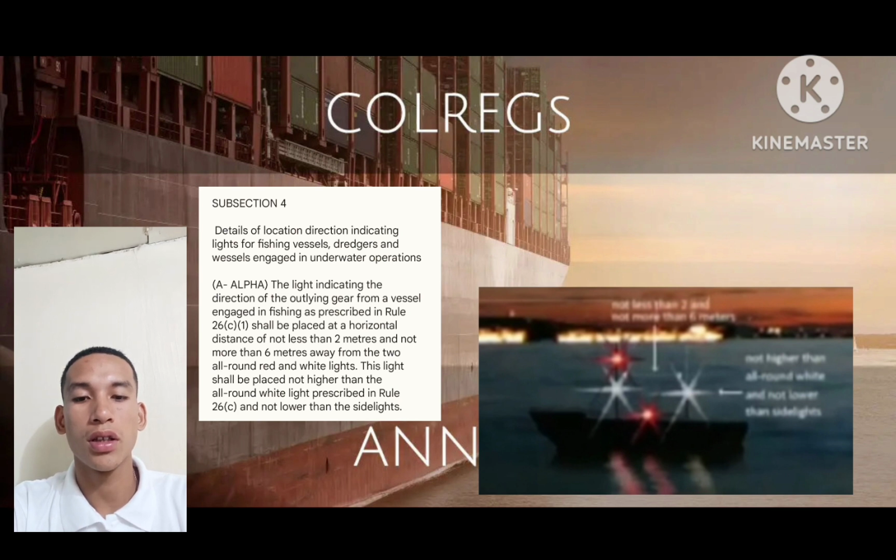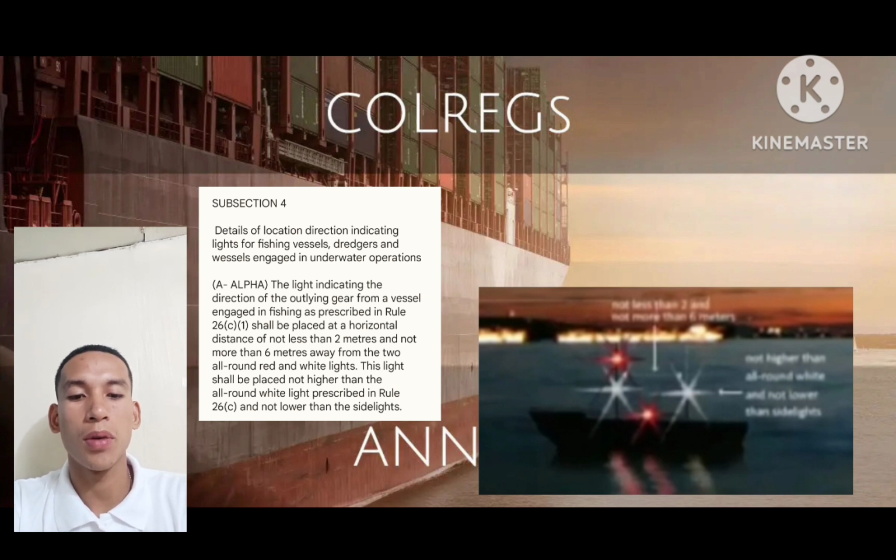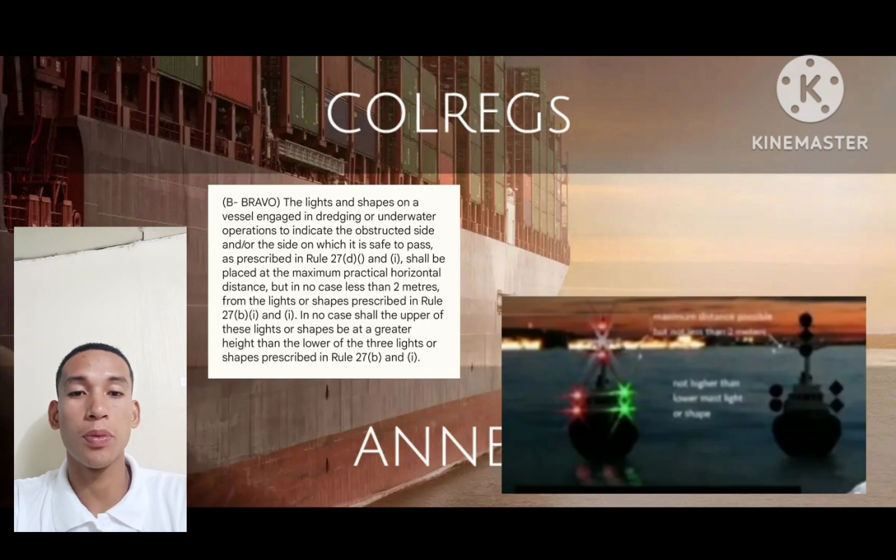The light indicating the direction of the outlying gear from a vessel engaged in fishing, as prescribed in Rule 26(c), shall be placed at a horizontal distance of not less than 2 meters and not more than 6 meters away from the two all-around red and white lights. These lights shall be placed not higher than the all-around white light prescribed in Rule 26(c) and not lower than the side lights.